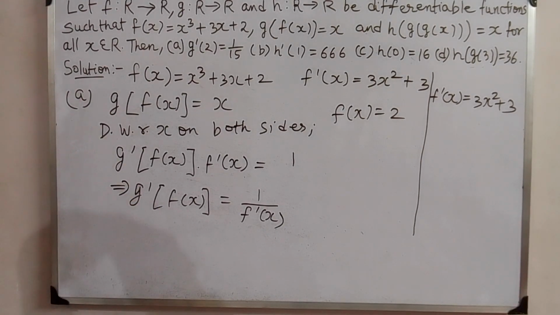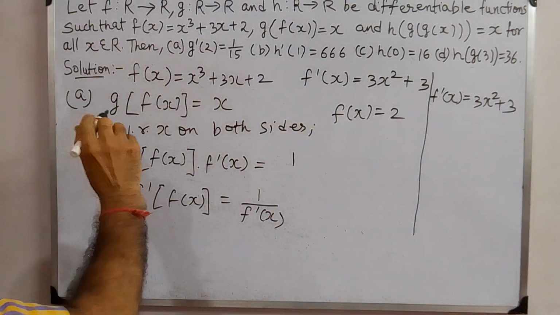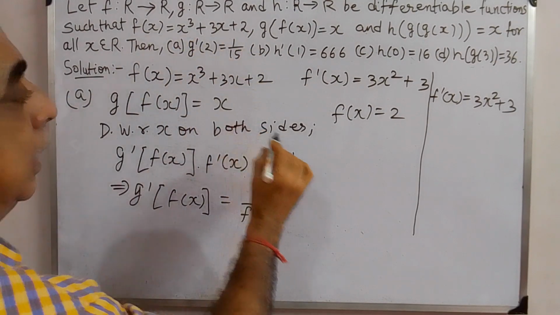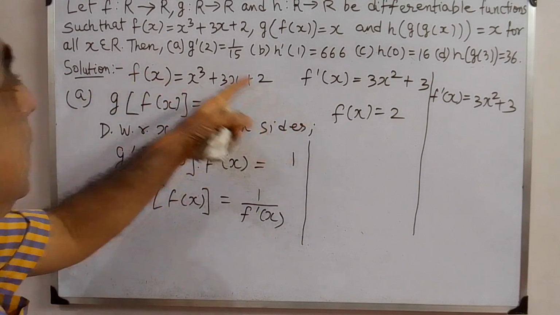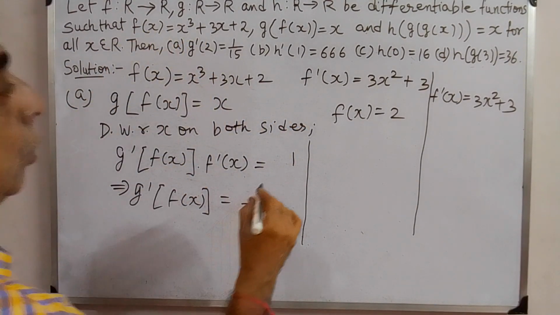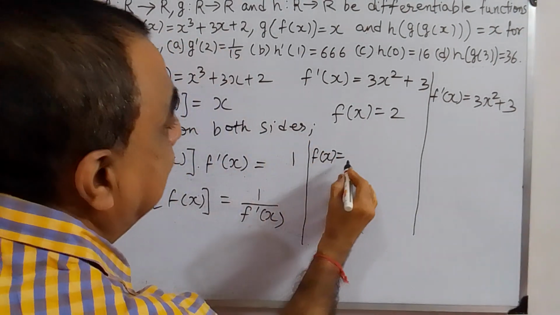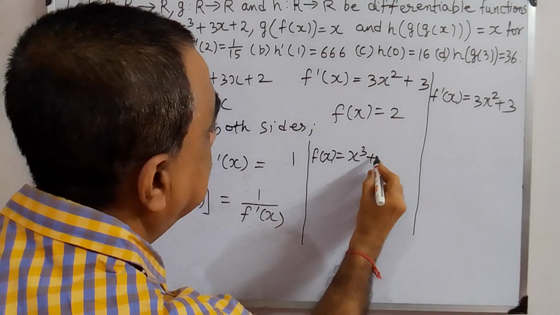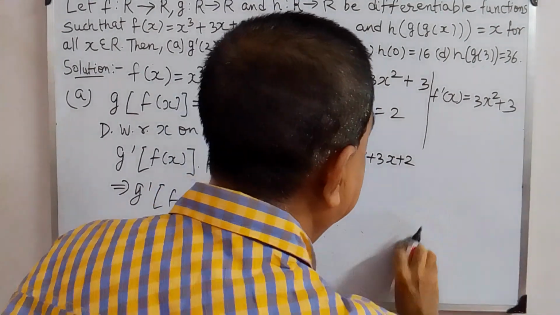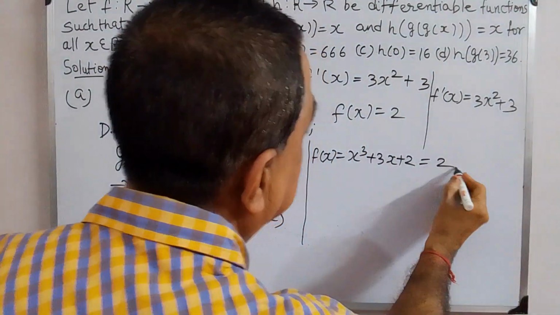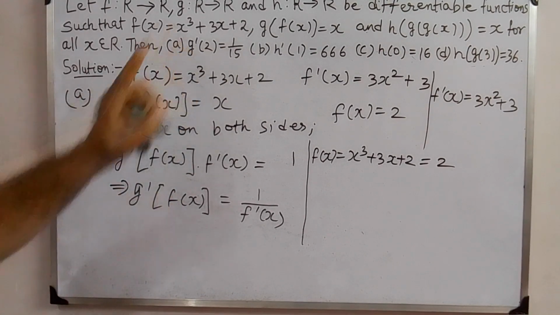Now for what value of x will f(x) become 2? So f(x), which is x cube plus 3x plus 2, let this be equal to 2, because if I put the value of f(x) equal to 2, I will get g dash 2, which is asked.